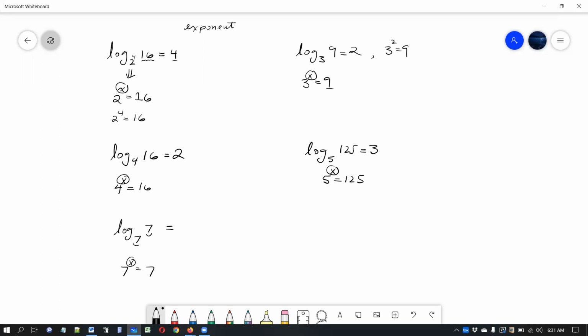What is the value I have to replace x with to get 7? Oh, obviously 1. And this is true for every number, provided that the base is greater than 0 and not 1. So this would be true also if I had 73. Log base 73 of 73 is 1. And so on and so forth.